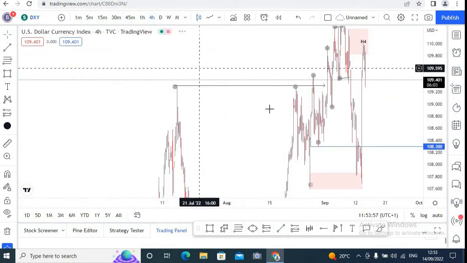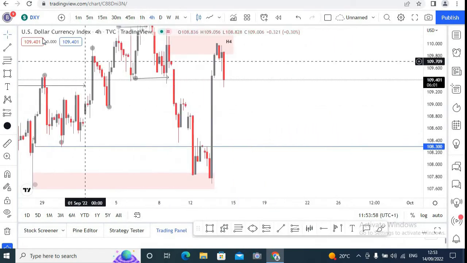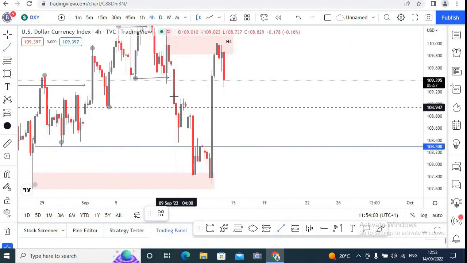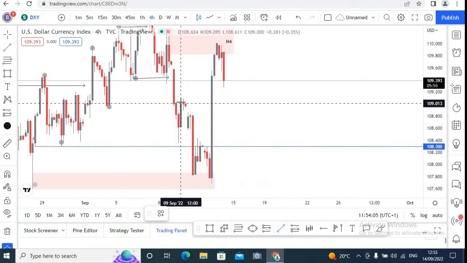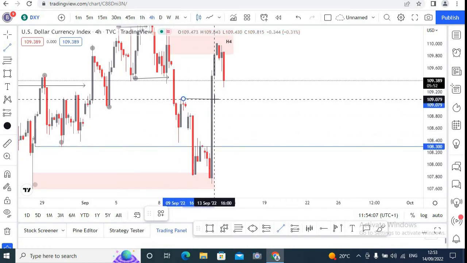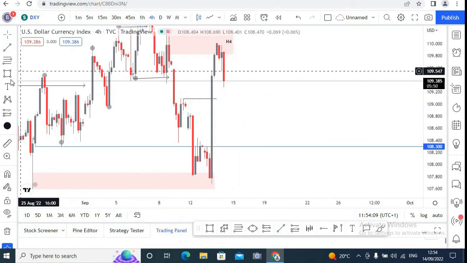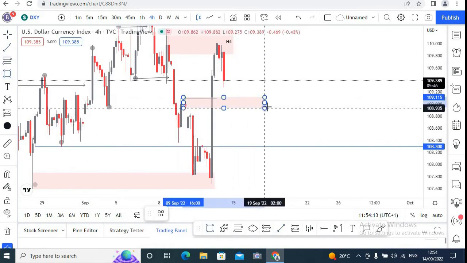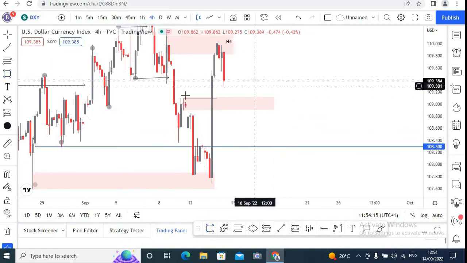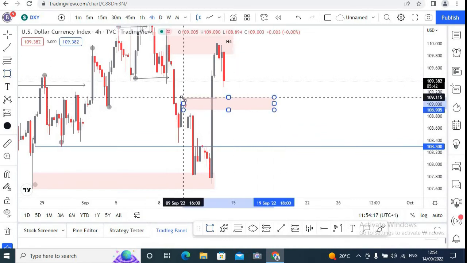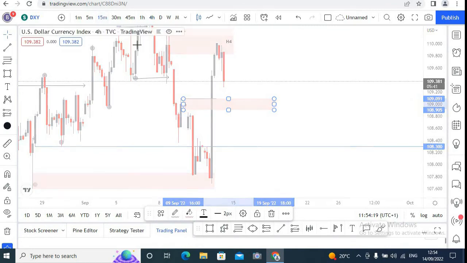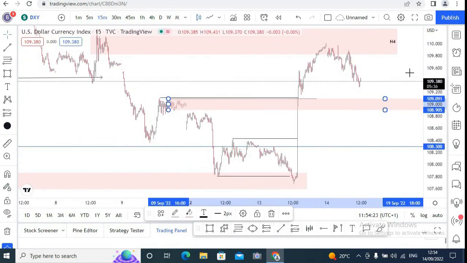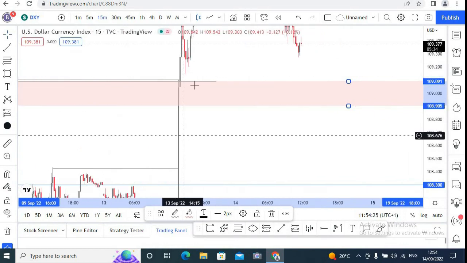So if we go back to the H4 time frame, let me highlight it like this, guys. As you can see, this is a nice drop, meaning this is a nice swing high, and we can have this failed supply, something like this. Now, guys, if we go to the 15 minutes time frame, you can see we did have a nice bullish momentum.